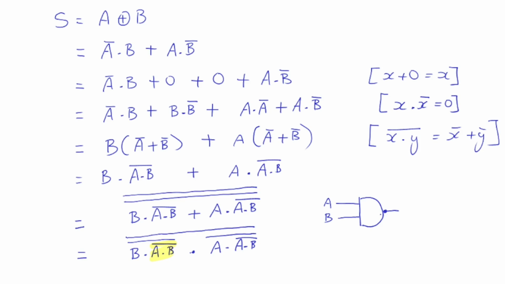Now what happens after this is that we are getting another NAND by combining it with B. That is, I'm talking about this portion now. So we'll take B, and then we'll have one more NAND gate over here.